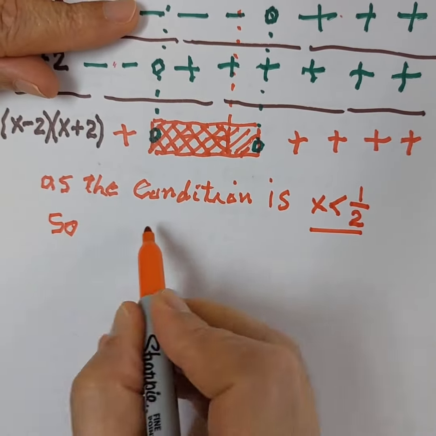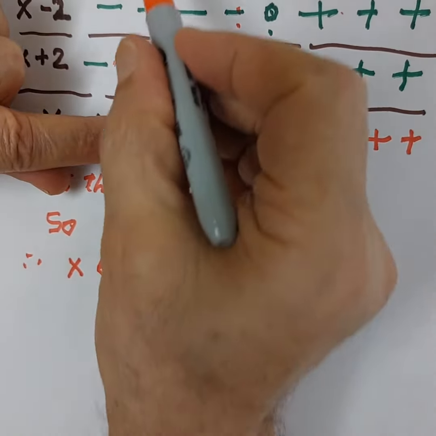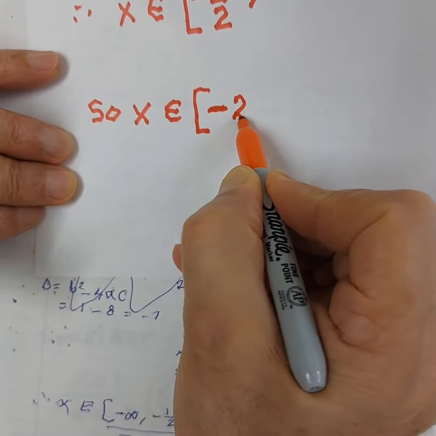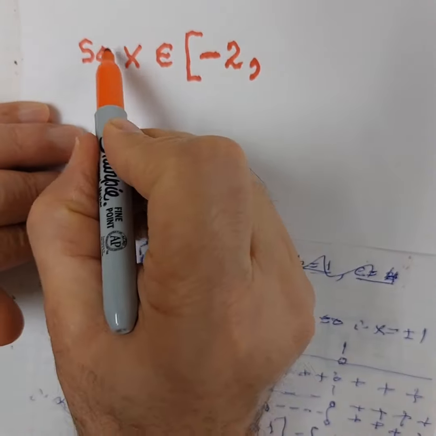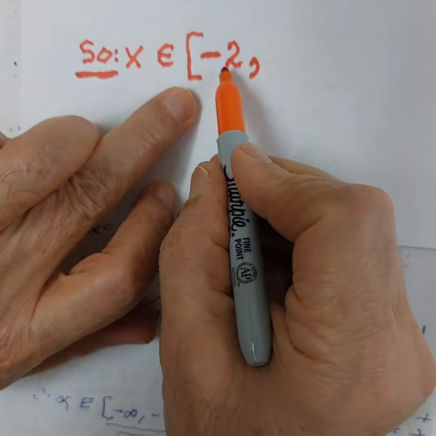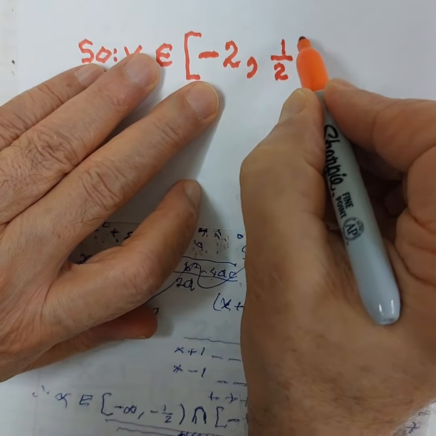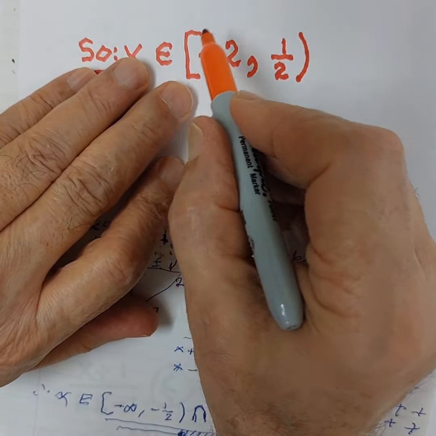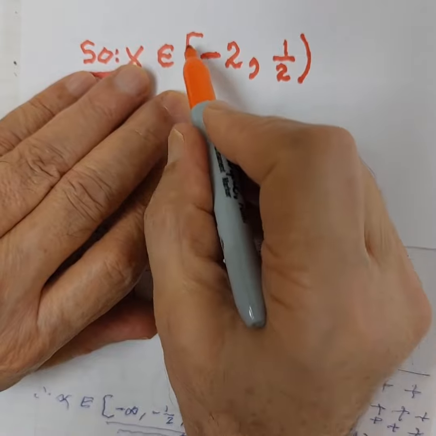So the answer: x belongs to the interval starting from -2 till x is less than 1/2. Less than means it's open at 1/2. It's closed at -2 because there is less than or equal. That's why this is included in the answer, and that's why we put it closed here.